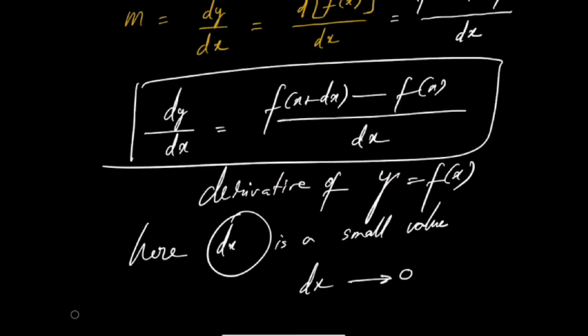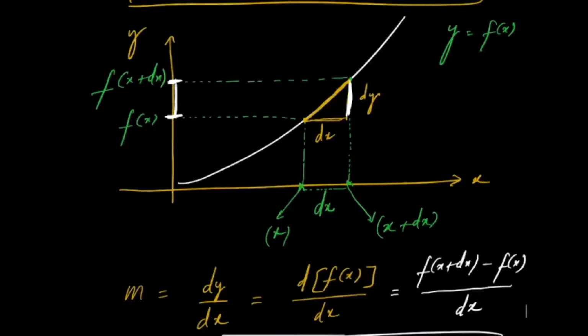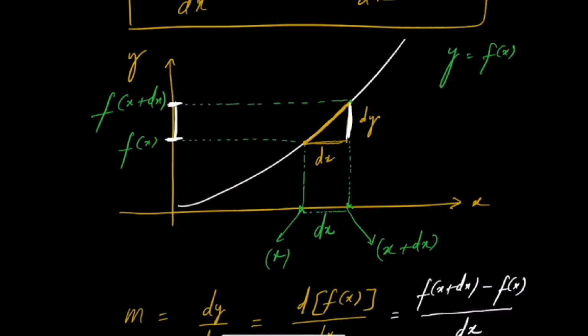It's a value like 0.00000001, something like that. So this is the fundamental equation for differential calculus. Basically, the derivative of a function at a point x is nothing but the slope of the function at that point. Okay.